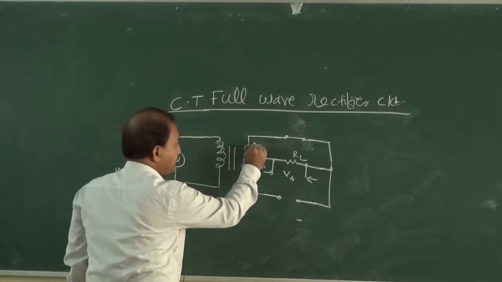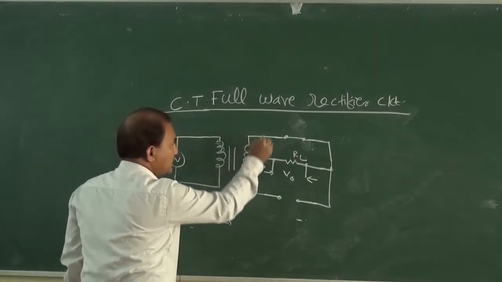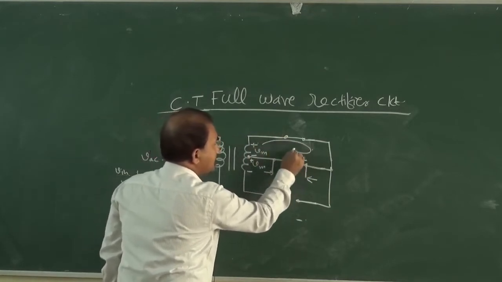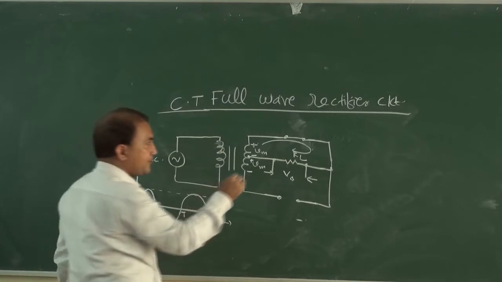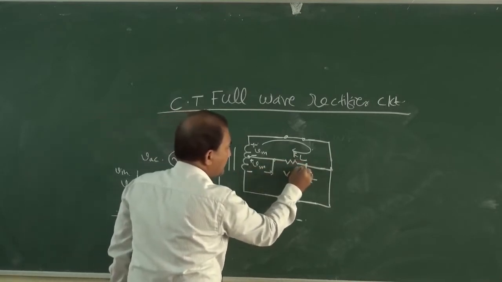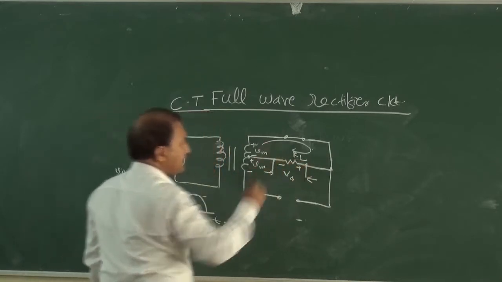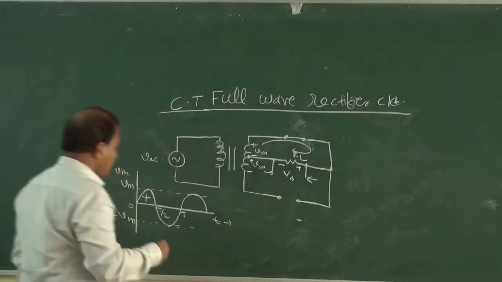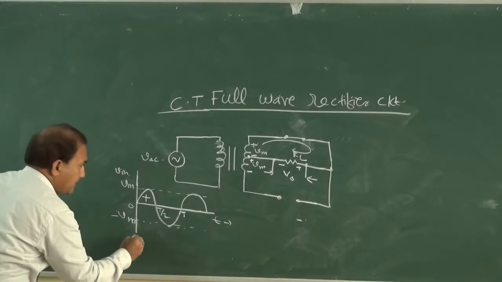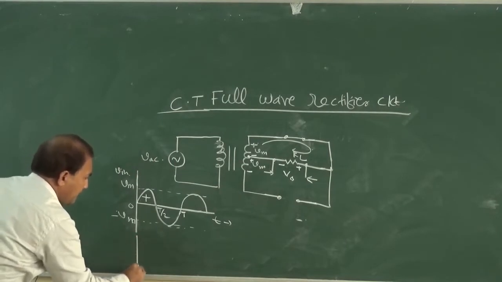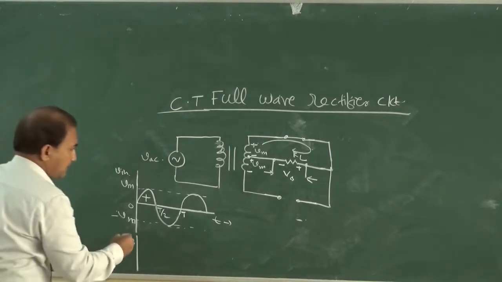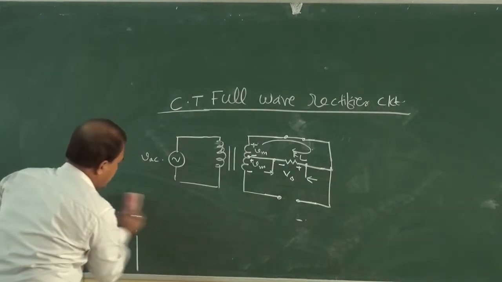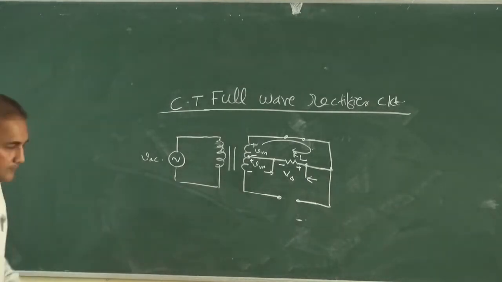So current will flow from higher potential to lower potential. How will current flow? Like this. So V out is plus here and minus here. You can plot the output wave also, so we have to erase this first.